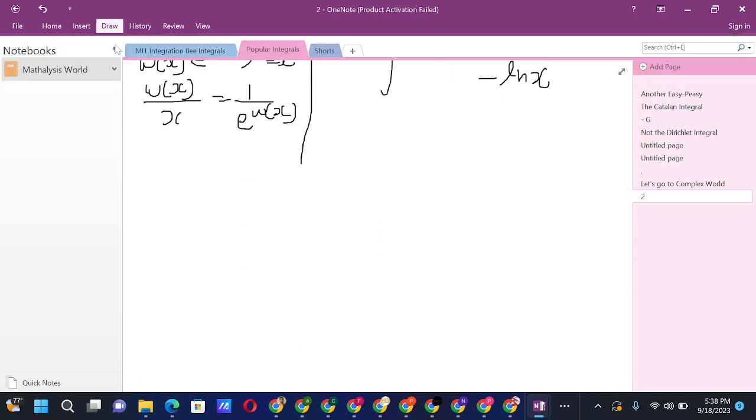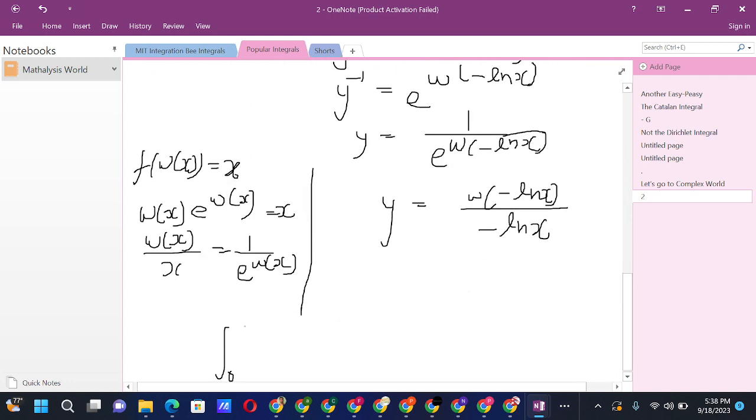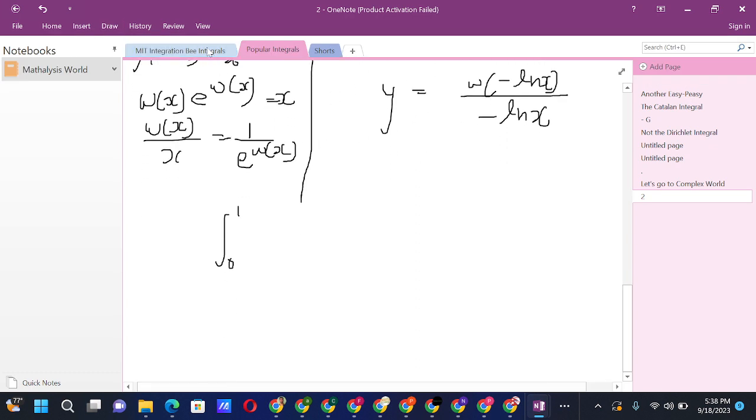So we have the integral from, what are the limits? I forgot it. From 0 to 1. So the integral from 0 to 1, and the infinite tower is basically what we have here, Lambert W of negative ln x over negative ln x dx.